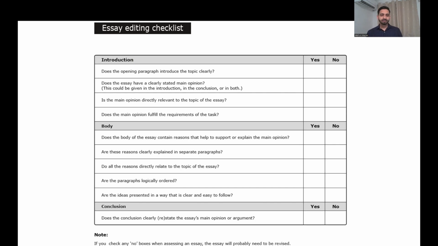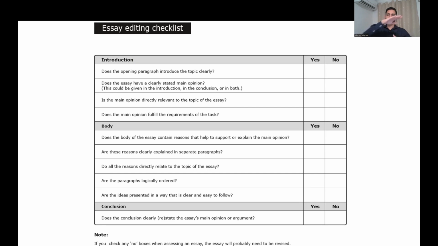Okay. Number 4, are the paragraphs logically ordered? So you want to order them logically. So if you've mentioned one piece of information previously, and you mention the other information, for example, you've talked about schools and individuals, and now you're talking about governments too having a responsibility, then they should be in a logical order, right?